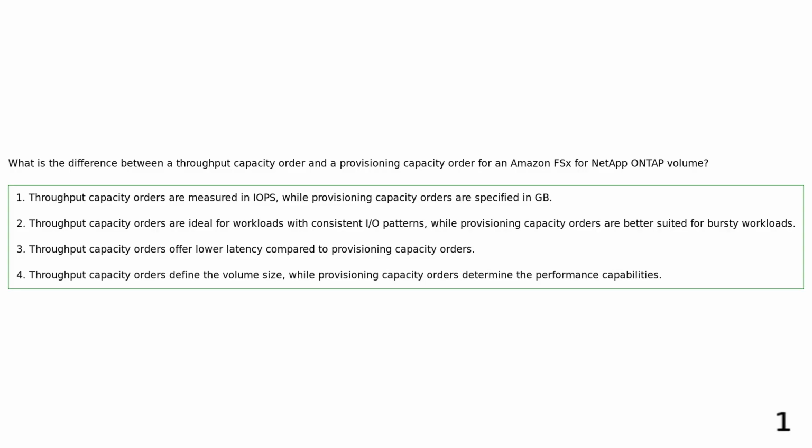Throughput capacity orders offer lower latency compared to provisioning capacity orders. Throughput capacity orders define the volume size, while provisioning capacity orders determine the performance capabilities. Throughput capacity orders are designed for workloads with predictable access patterns and guarantee a baseline level of performance. Provisioning capacity orders, on the other hand, are suited for bursty workloads and provide a set amount of IOPS.